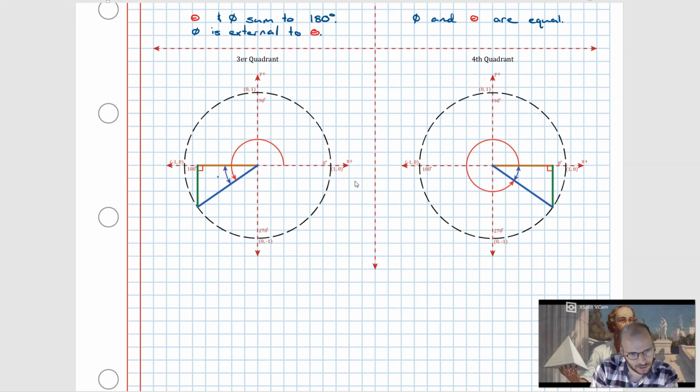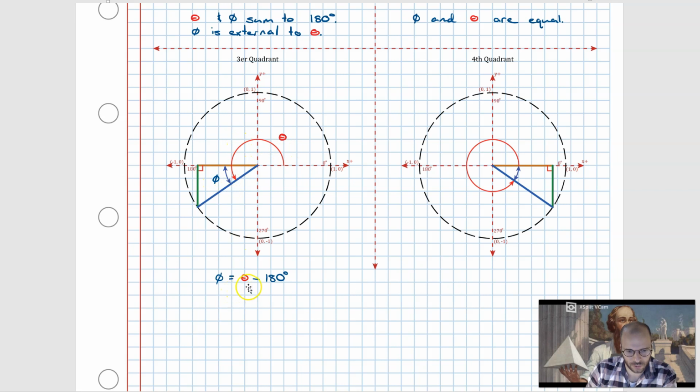Now looking down to quadrant 3, the relationship is different once again. We see phi is still internal, because it's always going to be internal for this, but theta is both internal and external. So what we find is that phi can be described as theta take 180 degrees. Theta is a combination of 180 degrees, so quadrants 1 and 2, plus the value of phi in there.